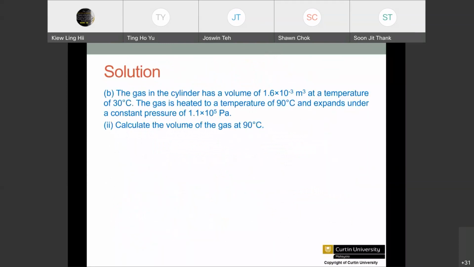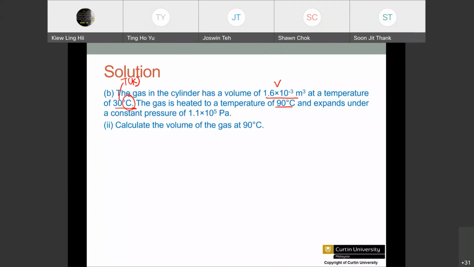Given that the gas in the cylinder has a volume of 1.6 times 10 to the power of negative 3 meter cube at a temperature of 30 degrees Celsius. This is T. But look at the unit. Remember, the SI unit for temperature is Kelvin. So the gas is heated to a temperature of 90 degrees.